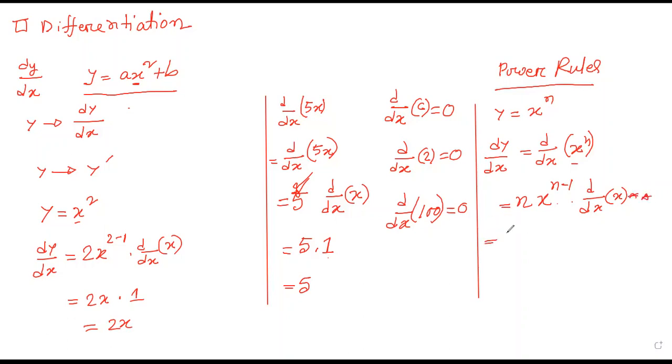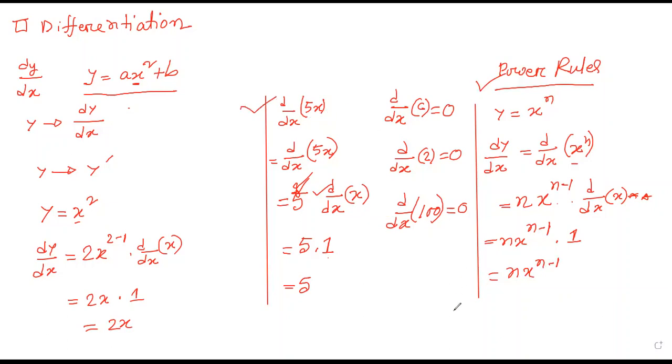Now I can write n x to the power n minus 1, and here d by dx of x is equal to 1. So it will be n x to the power n minus 1. So this is the power rule of differentiation, and these are the general rules of differentiation.